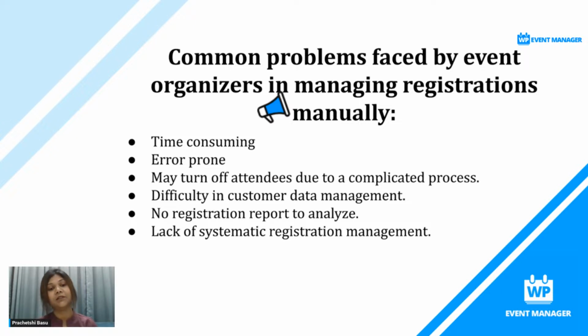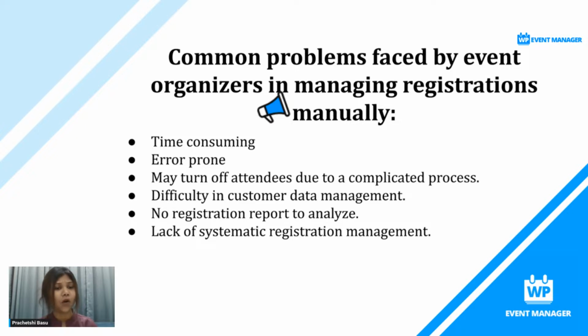Error prone is another risky thing, because if humans are doing it, then errors might happen. The next point is that it may turn off your attendees due to a complicated process. If you are handling event registration manually, then your attendees might also have to face a lot of hassles, like going to the place where the registrations are happening.